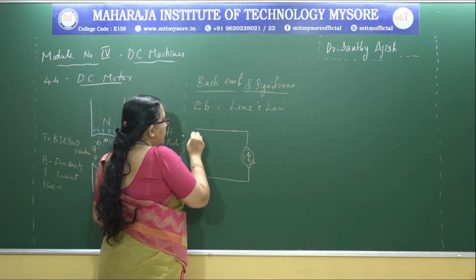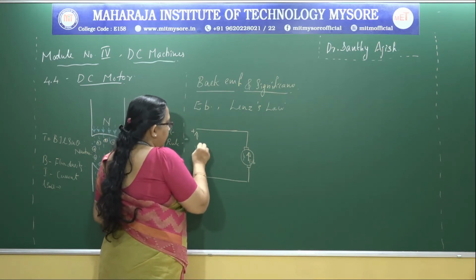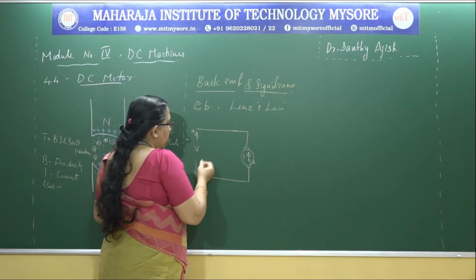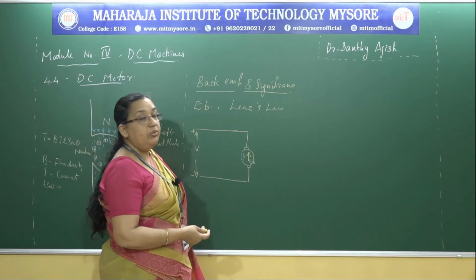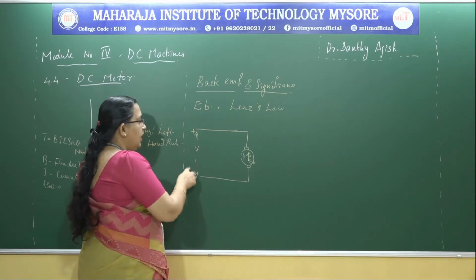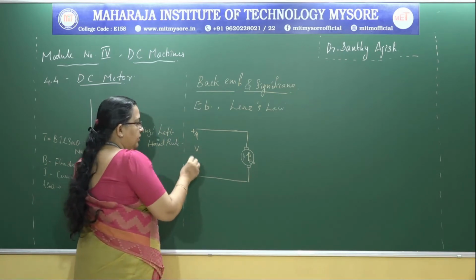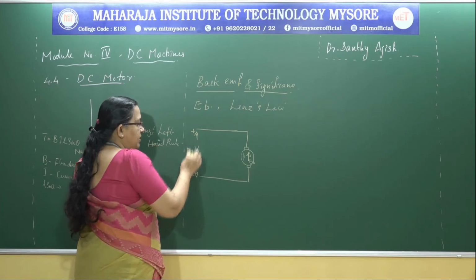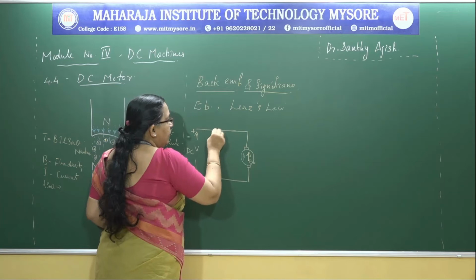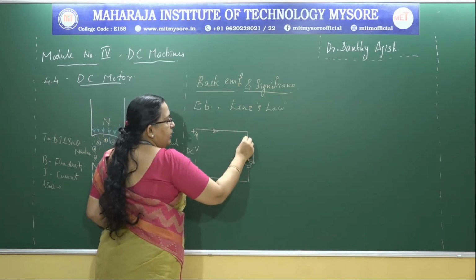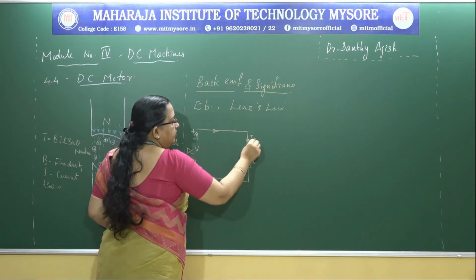Here is the voltage which you are applying, V. In a generator we used to say Vt, the terminal voltage. Don't get confused here, this is the applied voltage. That is the DC applied voltage, plus here and minus here. The current direction here will be this way, and this will be Ia.